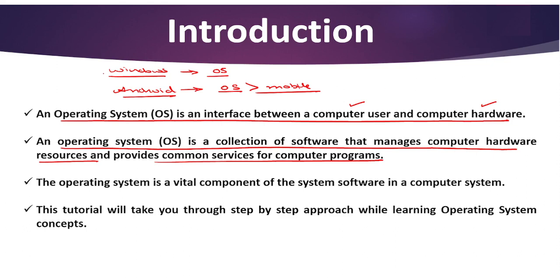As we have discussed here, Windows is an operating system for your computers and laptops. Android is an operating system for your mobile phones. Also, you have heard about Mac. Mac is an operating system that you can use with your iPhone, right? All these are examples of operating systems which are generally used nowadays.